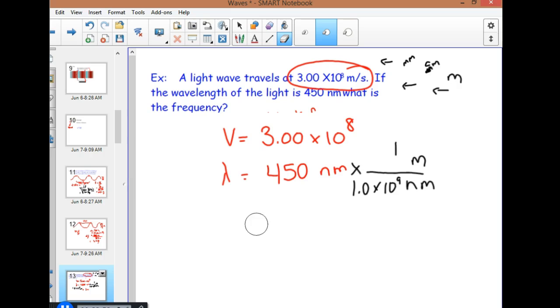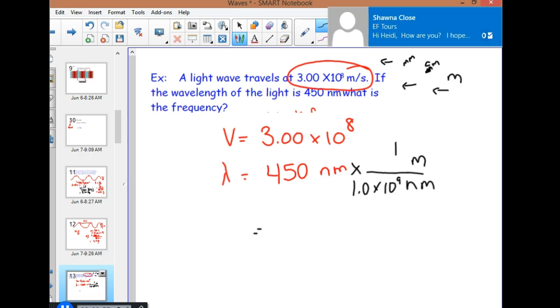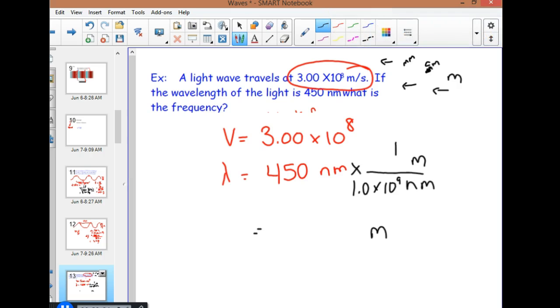Please calculate the wavelength so that it is in meters. Well, if you're dividing by an exponent, multiply by the reciprocal.